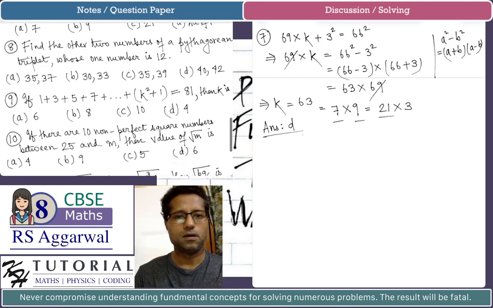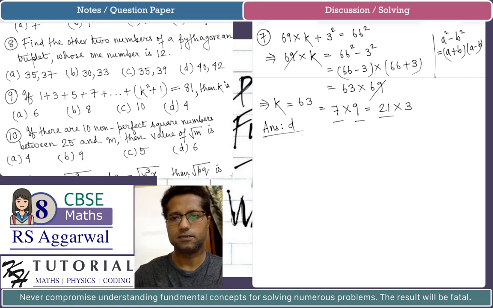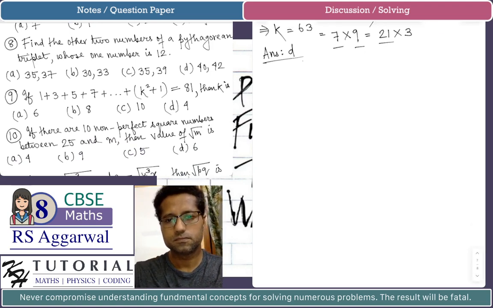Okay, let's do problem number 8. Find the other two numbers of a Pythagorean triplet whose one number is 12.